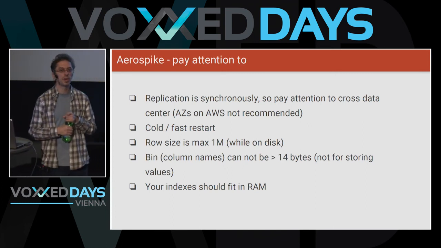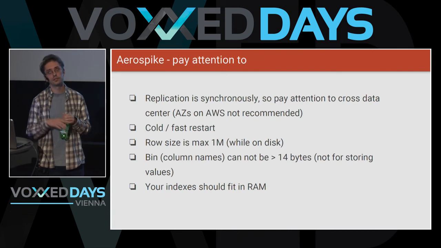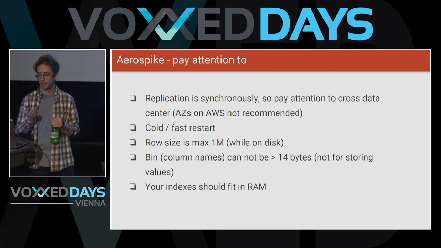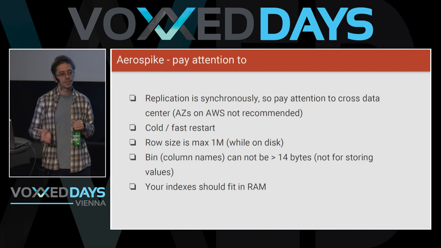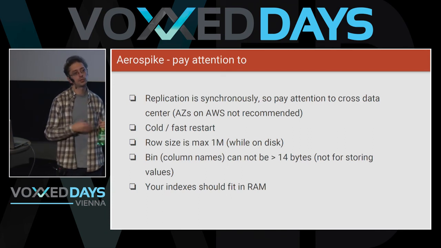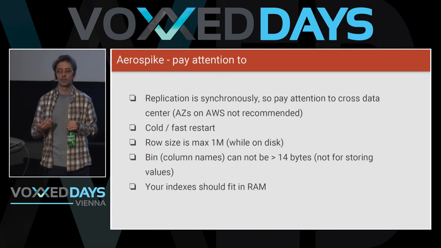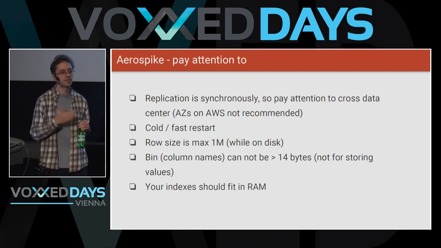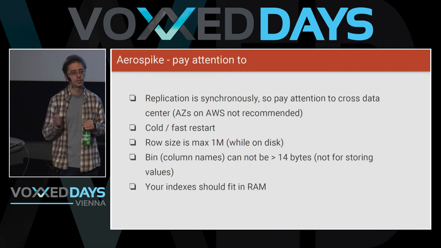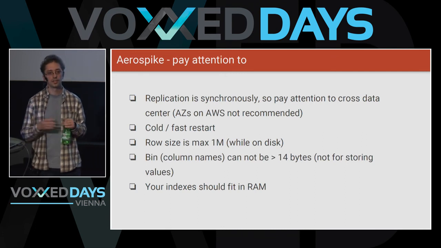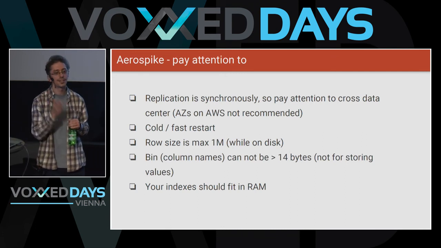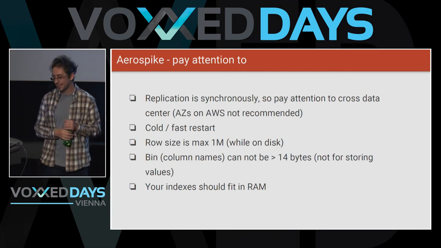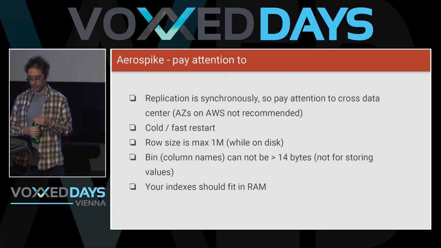And they don't recommend putting different nodes in different availability zones on AWS, which is against AWS recommendations, which say that if you want high availability, put different nodes in different availability zones, because they are different physical locations separated tens of kilometers apart. So if a hurricane hits one, it's very unlikely to hit another one.